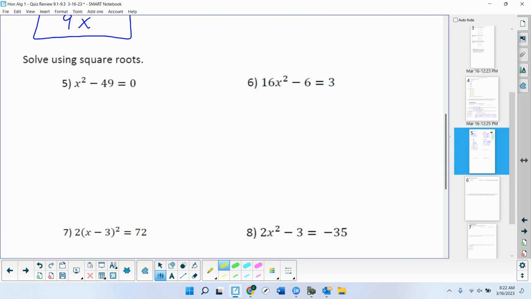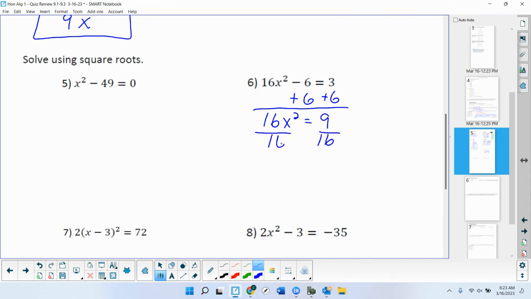Should be about done. Kyla, what'd you do? Add 6. When you do, what'd you get? Then what'd you do? But it doesn't say to round, so you cannot have a decimal. So you're just going to leave this as what?